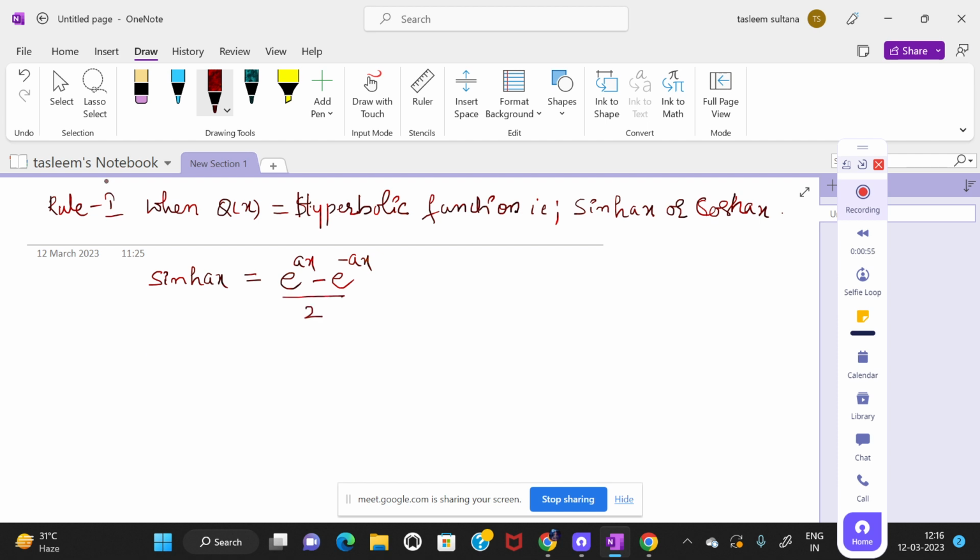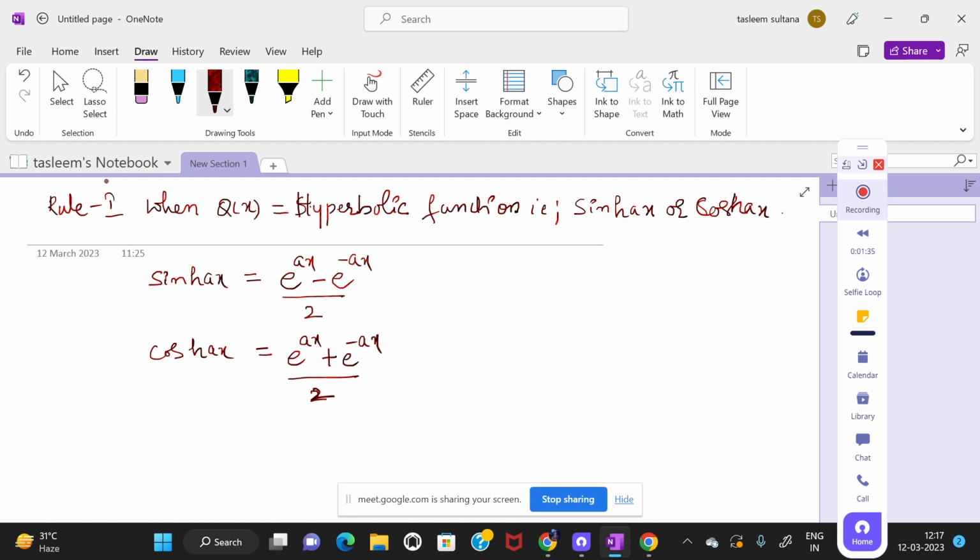If it is cosh ax, we can represent it as e to the power of ax plus e to the power of minus ax, divided by 2. Yes, Aditya, it's clear. So when it is in the form of a hyperbolic function, sinh ax or cosh ax, we can represent it in exponential form. Shall we see one problem based on this?